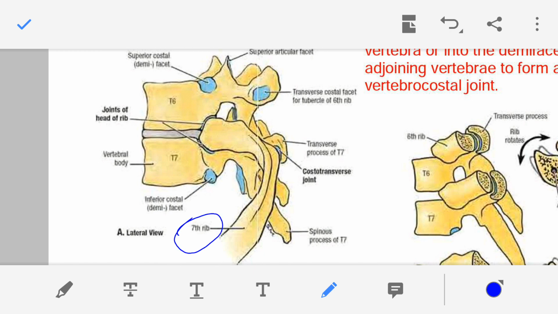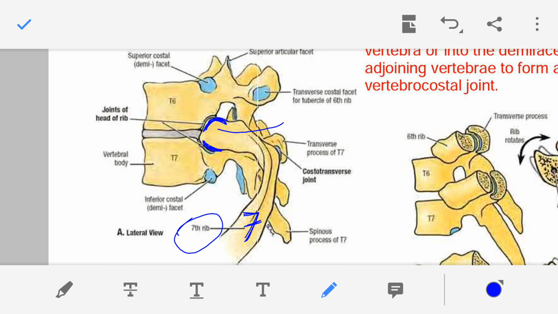For example, this is rib number 7. Okay, I am writing this is rib number 7. Now this is the superior articular facet and this is the inferior articular facet of the rib's head.